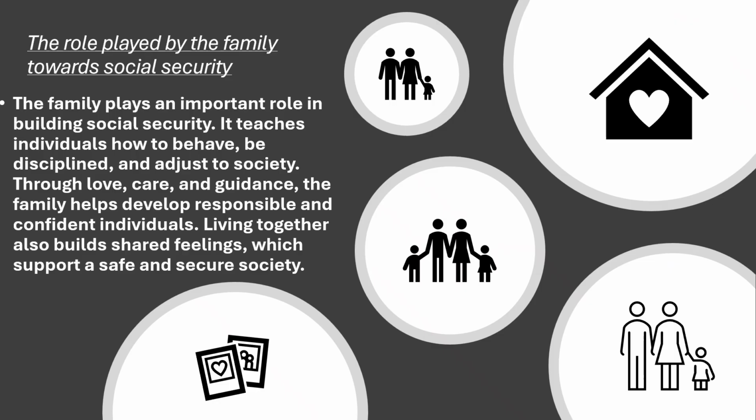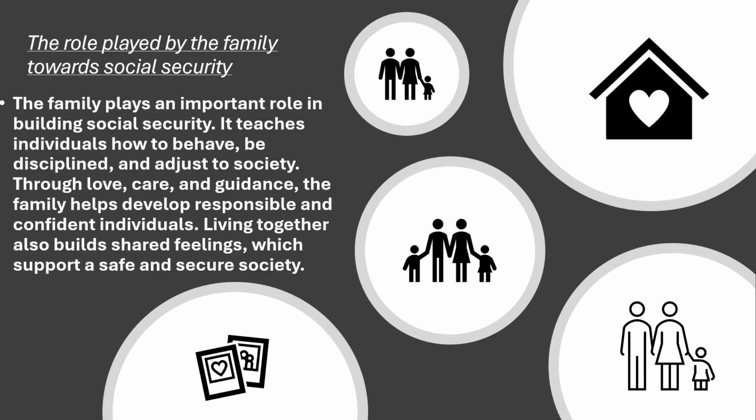Now let's see the role played by the family towards social security. The family plays an important role in building social security. As they say, your parents and your family are your first teachers, and our teachers are our second teachers.